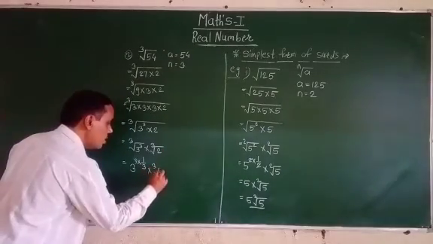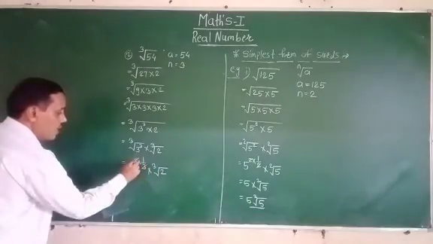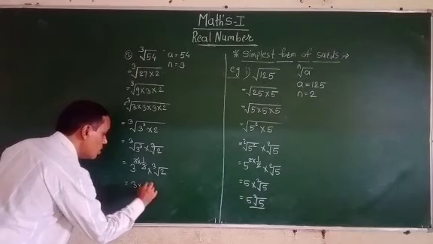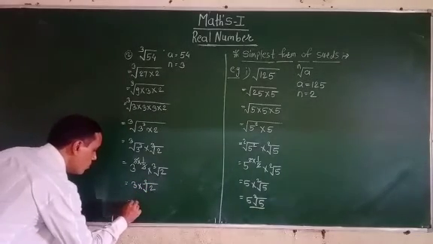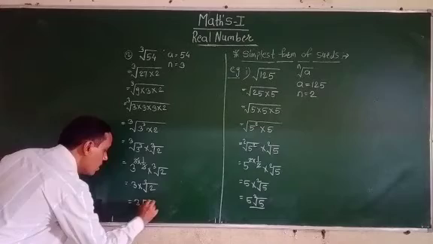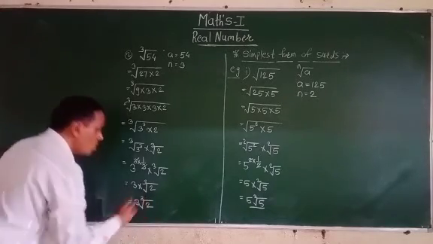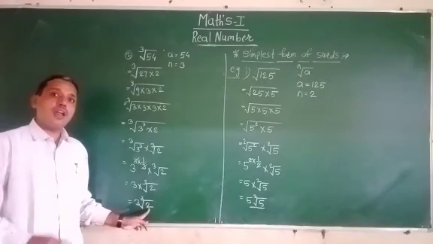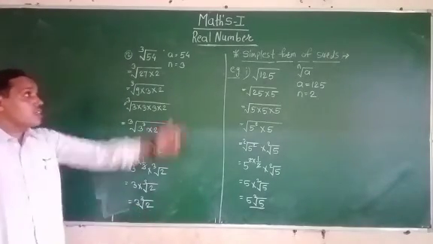Then the 3 cancels with the order, and we get 3 into surd 2. We write it in the coefficient form. We see that 2 is never factorized again, and that form is also called the simplest form.